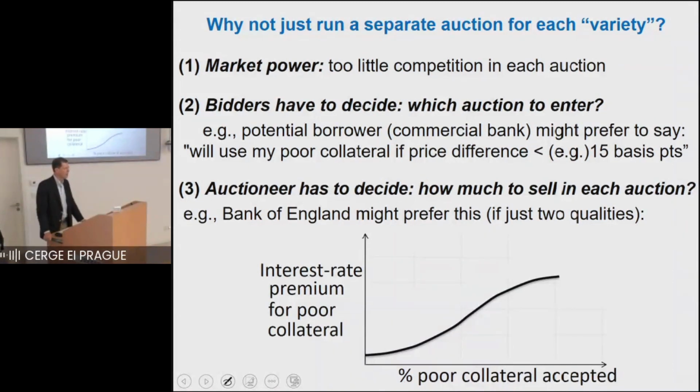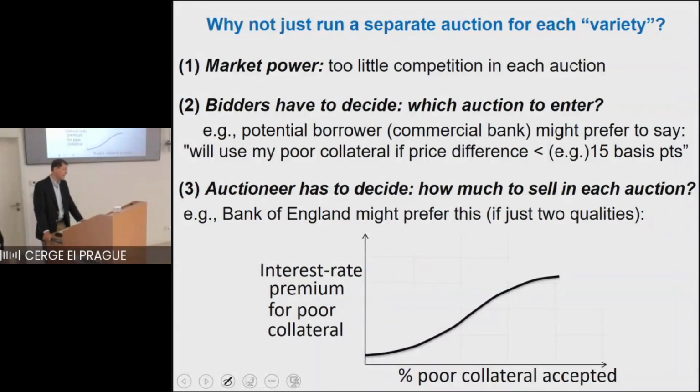And in the same way, some of the bidders in an auction for loans from the central bank may have a choice as to whether to use good collateral or bad collateral. And they might prefer to say, we'll use our bad collateral, provided we don't have to pay too much higher an interest rate. So bidders won't like separate auctions.